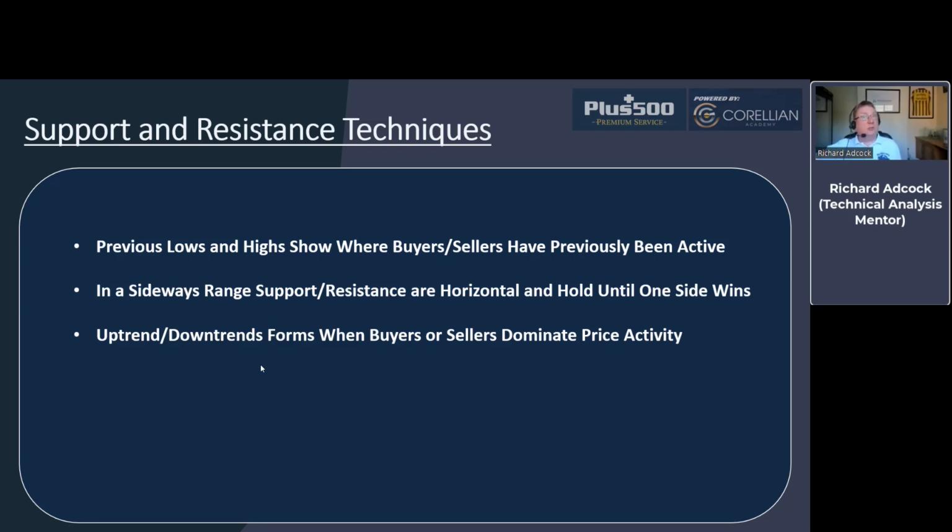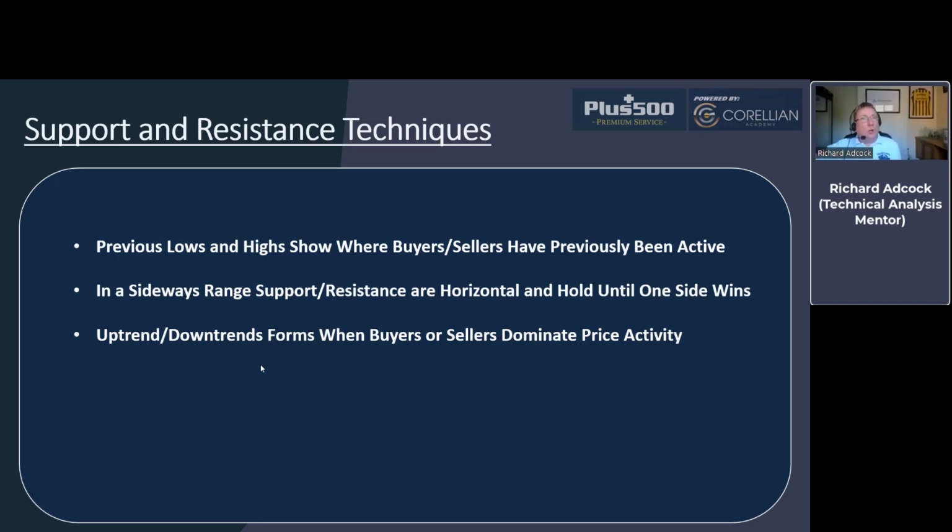So the resistance point will be at a lower level, and the sell-off will break below the previous correction low, which initially is a support point but then gives way to show that the sellers are the dominant force. This forms the basic definition of a downtrend: lower highs and lower lows.